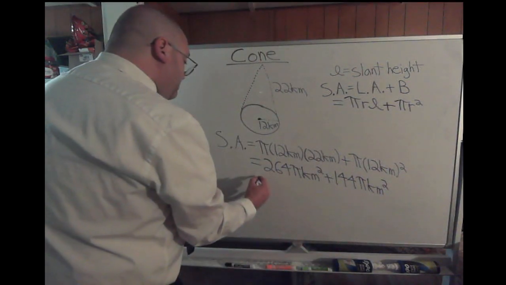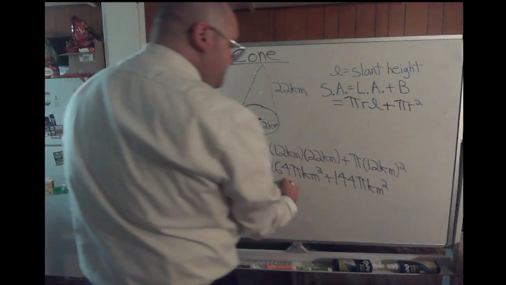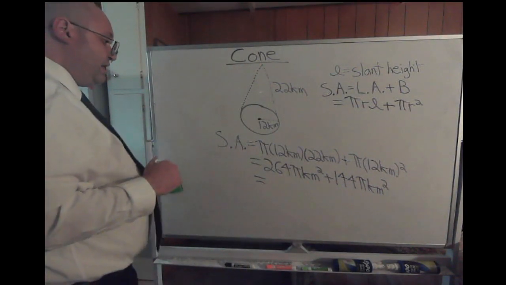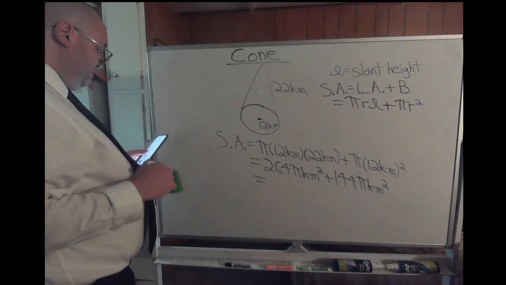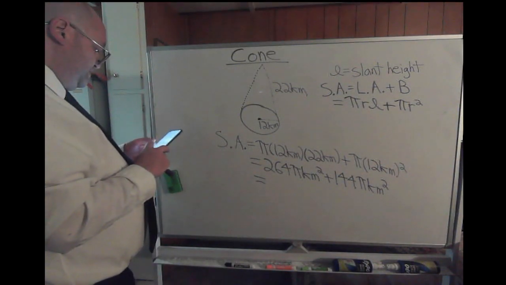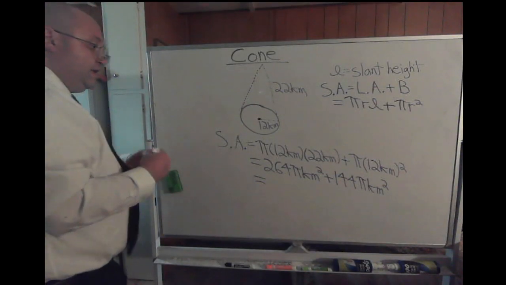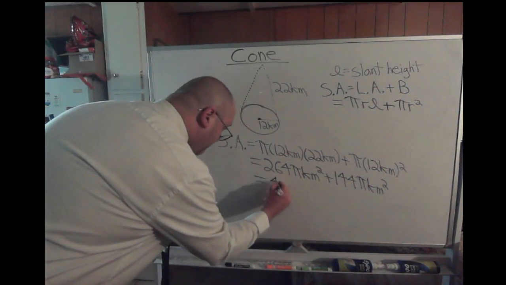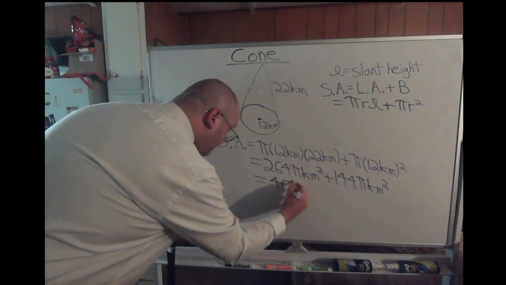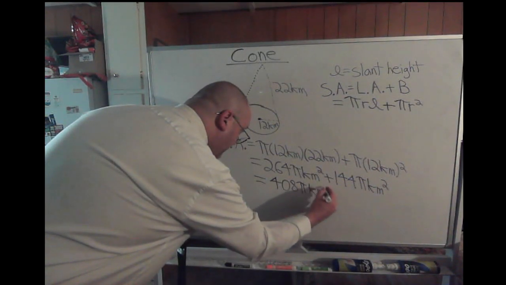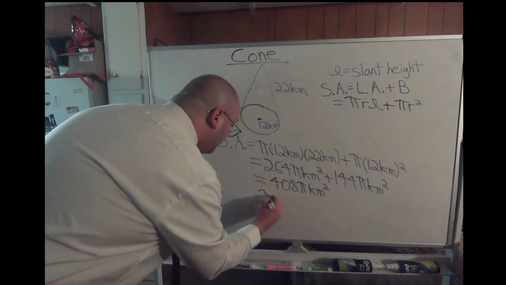So now all you have to do is add 264 pi plus 144 pi. 264 plus 144, that's going to be 408 pi kilometers squared.